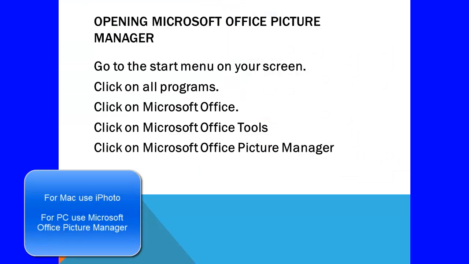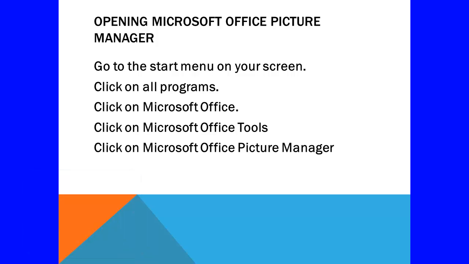If you have a Mac, you'll want to use iPhoto to edit your pictures. We're working on a PC, so we'll use Microsoft Office Picture Manager for this. To get there, go to the Start menu on your screen, click on All Programs, click on Microsoft Office, then click on Microsoft Office Tools, and click on Microsoft Office Picture Manager.